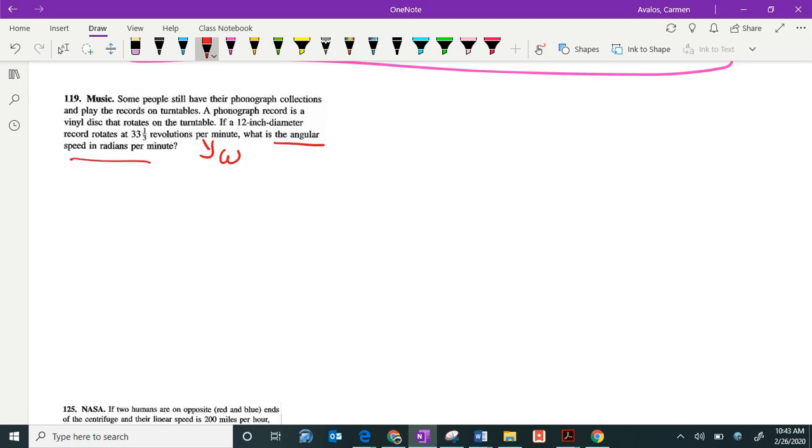So this problem is not bad. It's not talking about linear velocity. We do have that the diameter is 12 inches, so the radius is going to be 6 inches, but that really is just extra information because all we want is omega. And so I know that this here is revolutions in 1 minute.